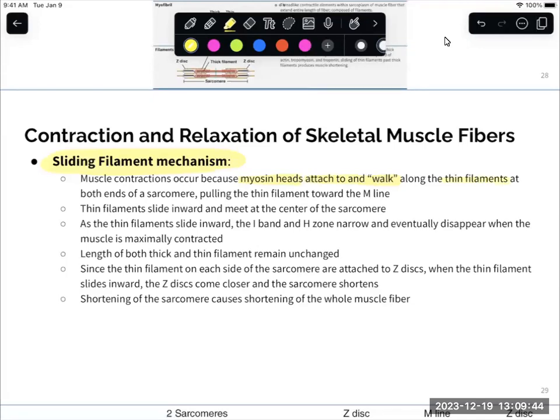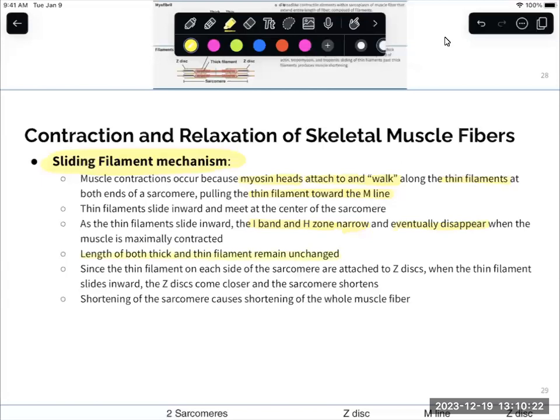They're going to pull that thin filament, that actin, towards that M line. So that thin filament's going to slide inward. The I band and the H zone narrows. It gets smaller and eventually can disappear depending on how much that muscle is contracted. So the length of the thick and the thin filaments do not change. It's just that they're moving directions here.